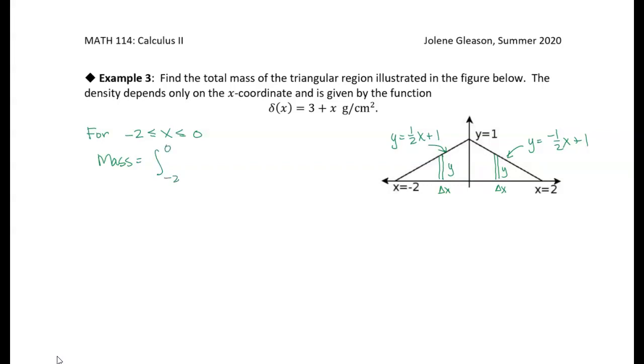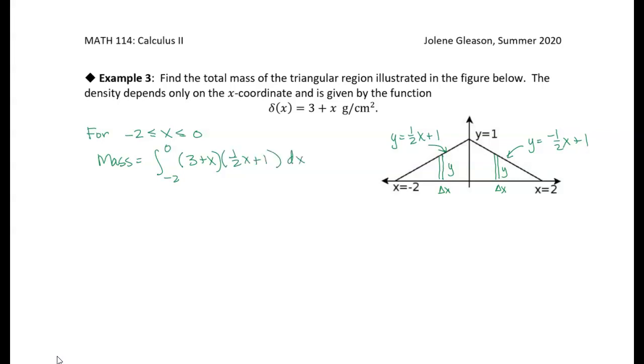of the density times the area of each slice. So the density is 3 plus x, and then the area of any given slice is 1/2 x plus 1 dx.